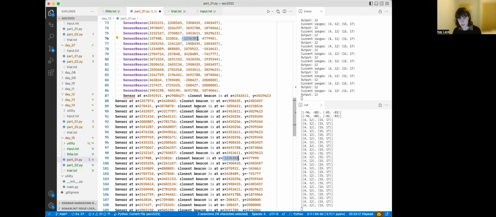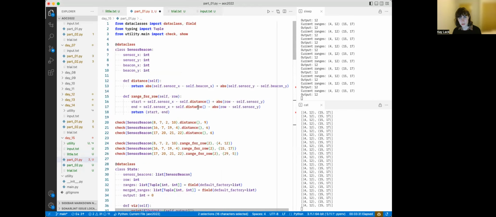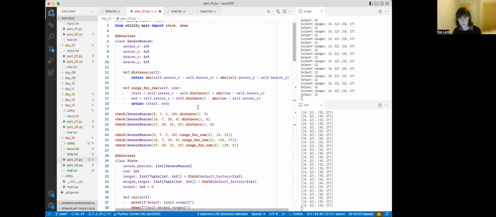X and Y, sensor, beacon. Manhattan distance looks right. This looks right.